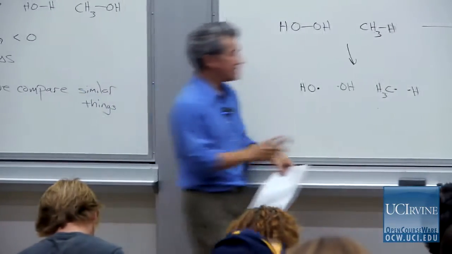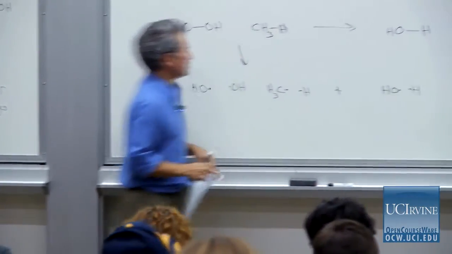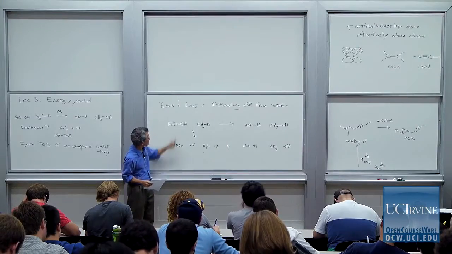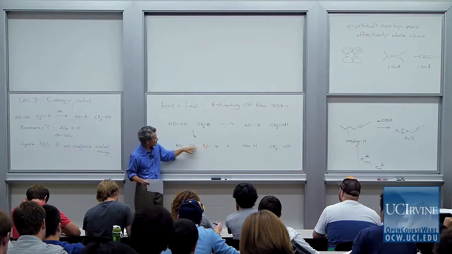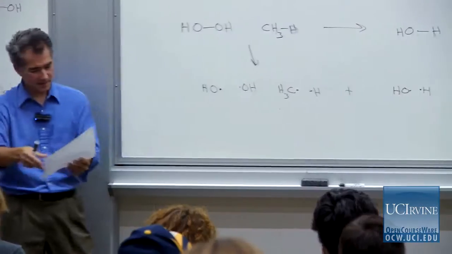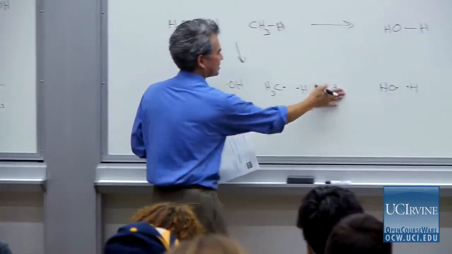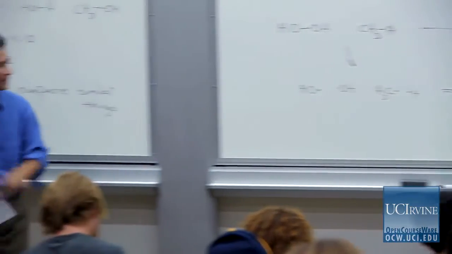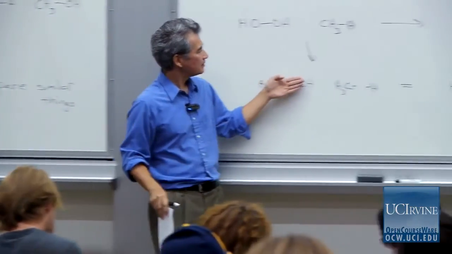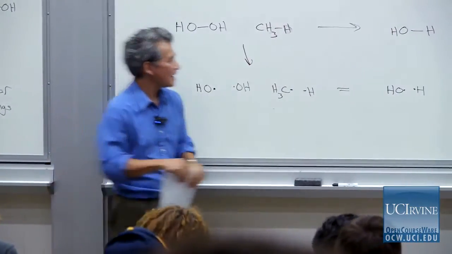What you can see is I can imagine some equation where I've broken this bond to give these pieces, and now I just have to imagine recombining these pieces. Let me just say equals here. What you can see is I get the same pieces this way as if I break the bonds the other way.